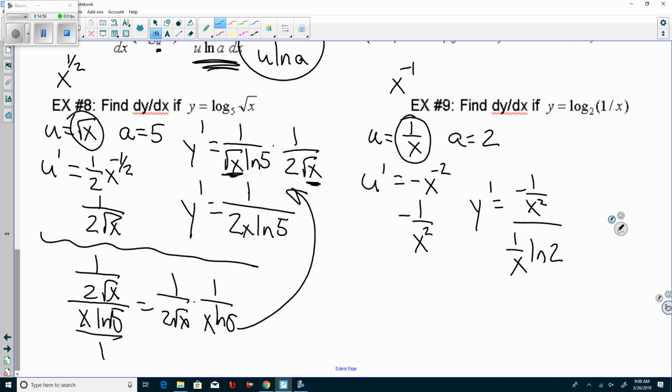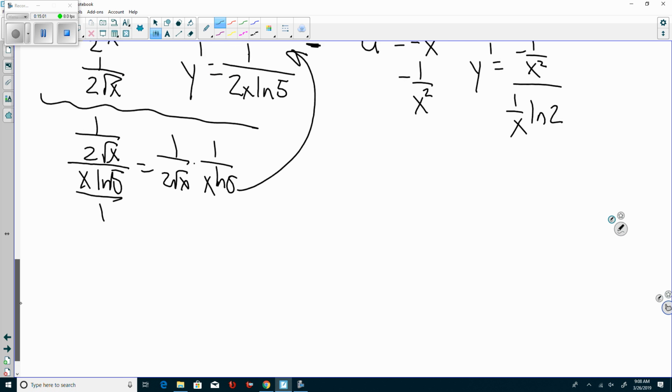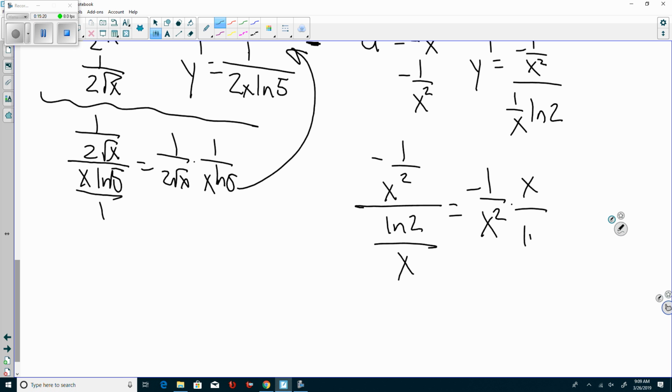So this is negative 1 over x squared, and then you have natural log of 2 over x. Would have to be written as a complex fraction because that ln of 2 is really ln of 2 over 1. So then when I invert and multiply, I have negative 1 over x squared times x over ln 2. Cancel, cancel. I have negative 1 over x ln 2 is my derivative.